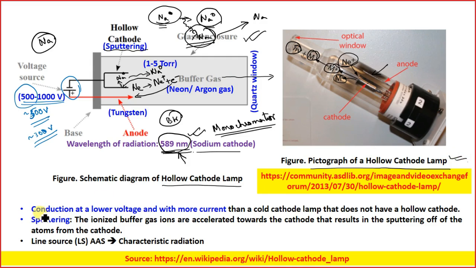The next is the conduction at a lower voltage, with more current than a cold cathode lamp that does not have a hollow cathode.